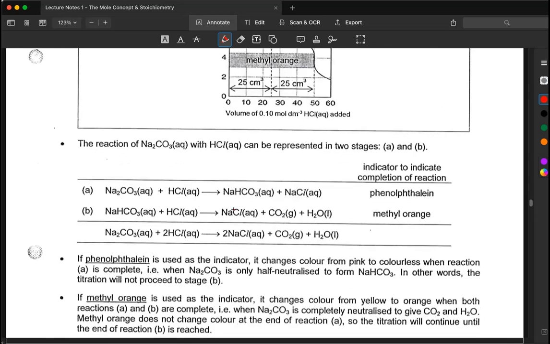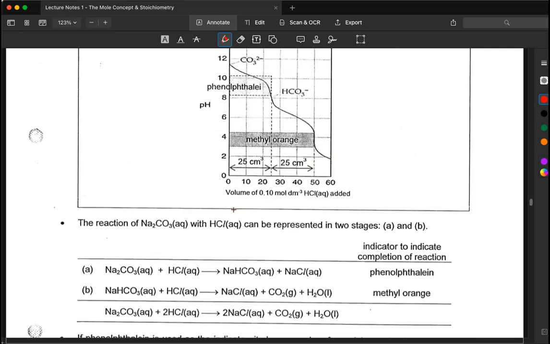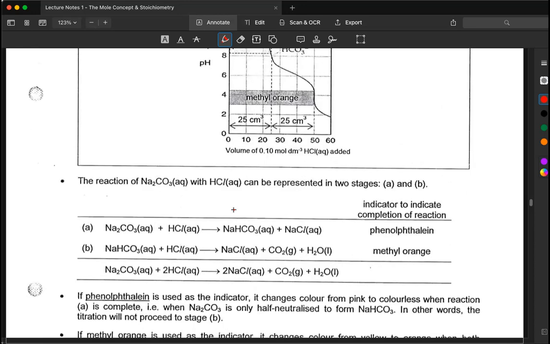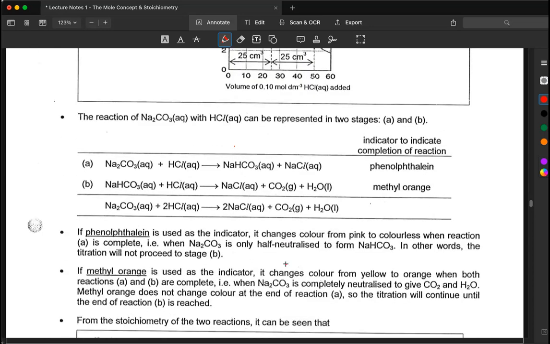Phenolphthalein is pink in alkaline, colorless in acid. If you use phenolphthalein, it will change color from pink to colorless when the reaction is completed.